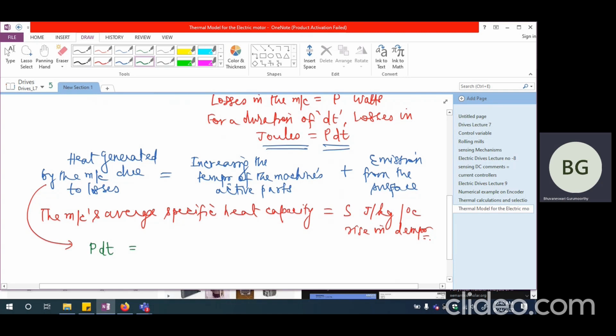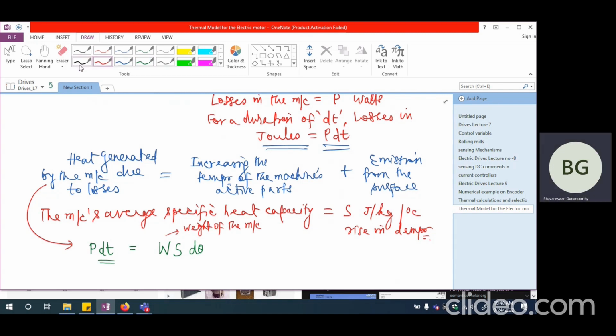And if I try to look at the temperature of the machine, how much it is increasing, I should say if the weight of the machine is W, and if S is the specific heat capacity of the machine, and if the temperature increases by d theta within a duration of dt, then that is going to be Ws d theta, where W is going to be the weight of the machine.